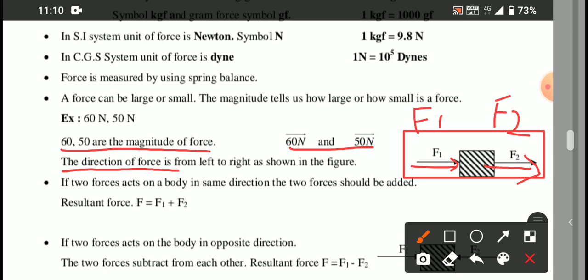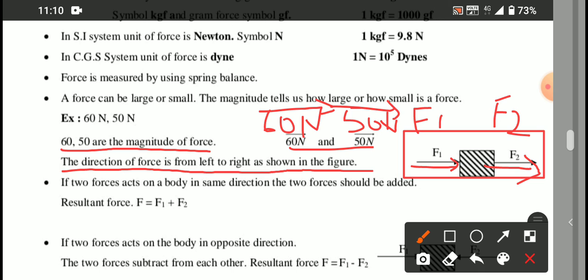The direction of the force is from left to right as shown in the figure. 60 newtons and 50 newtons are both given with arrows directed towards the east side.